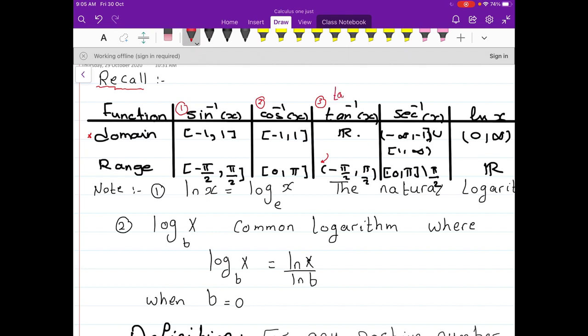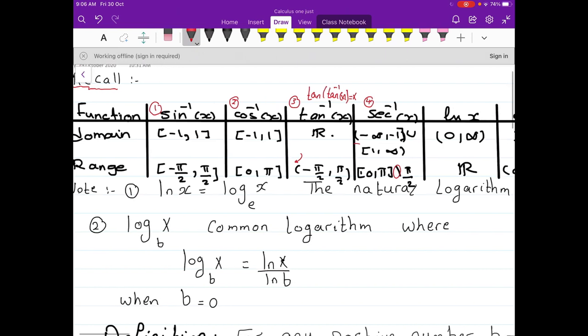And we have tan inverse x; we say this is equal to x where x belongs to the domain of tan inverse, that means x belongs to R. And we define secant inverse x, where the domain is from -infinity to -1 union 1 to infinity and the range is 0 to pi except pi over 2.